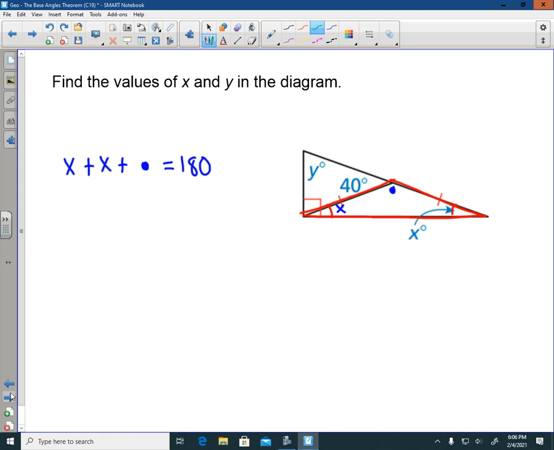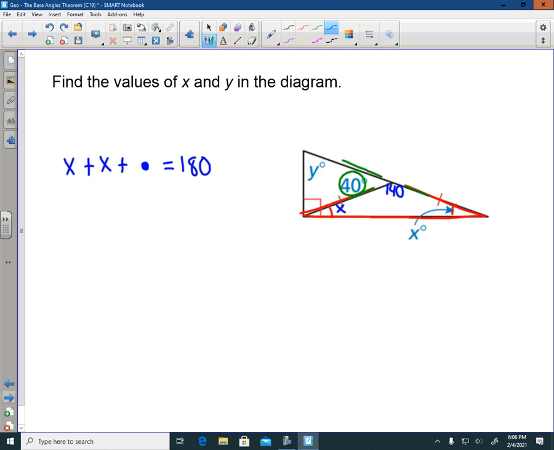Well, let's take a look at this angle, this dot angle. Do you see how it's part of a linear pair? Do you see how those two angles share a vertex and a side, and their non-common side makes a line? If this one here is 40, and all linear pairs are supplementary by the linear pair postulate, then doesn't this dot angle have to be 140 degrees, right?